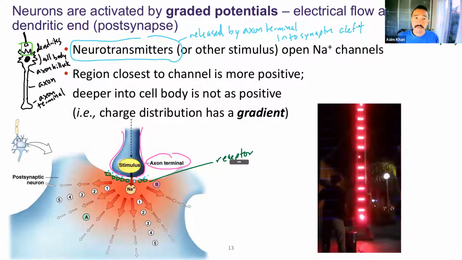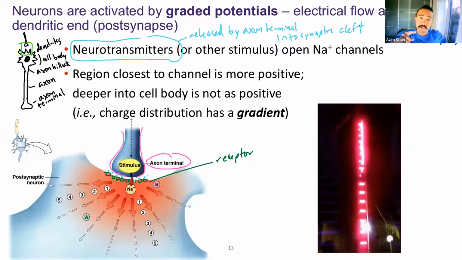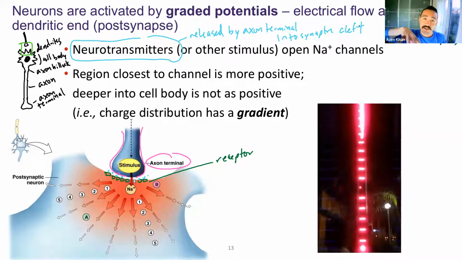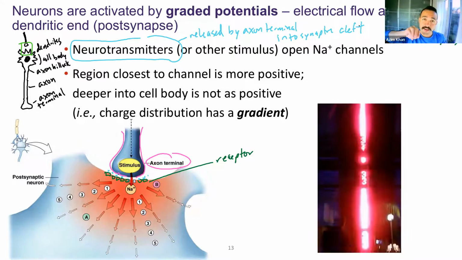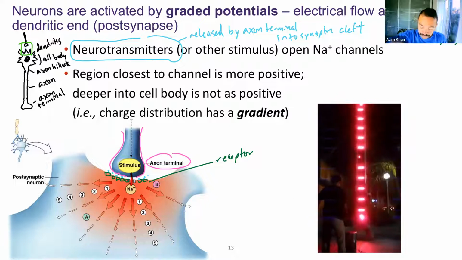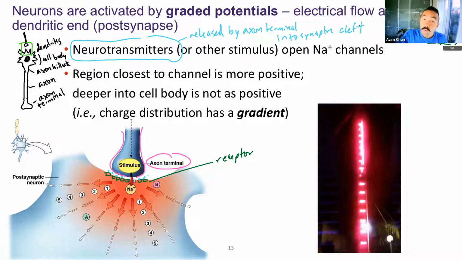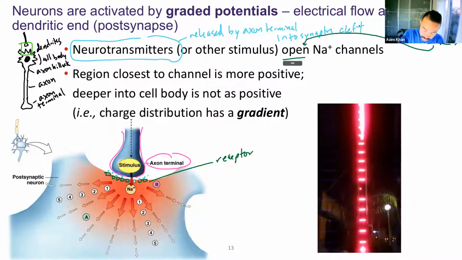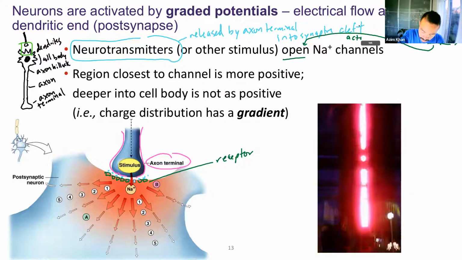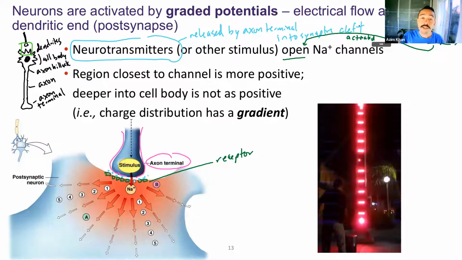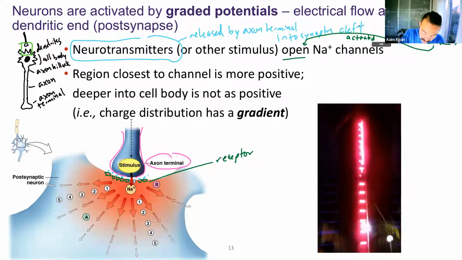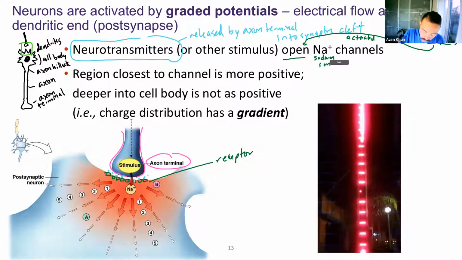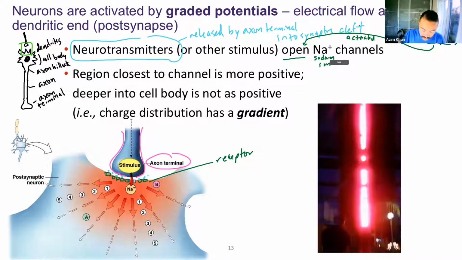We've seen this idea before with neurons controlling muscle. Neurotransmitter is released from the axon terminal, goes across the synaptic cleft, binds to a receptor. When the receptors are activated, they open up sodium channels. Na+ is sodium ion. Again, we've seen this before.